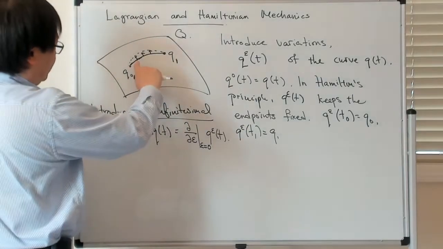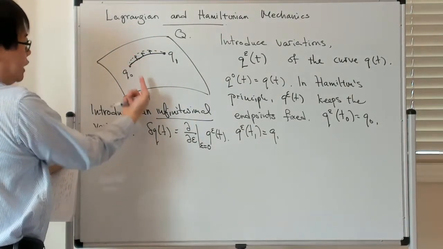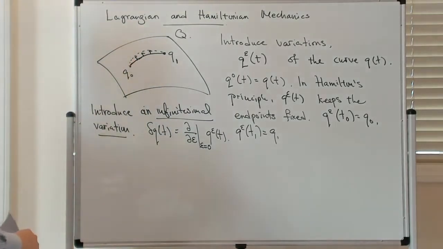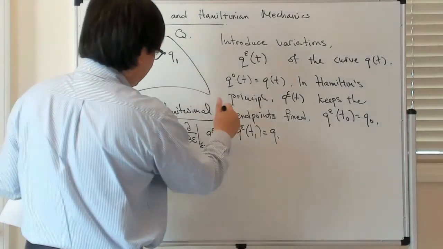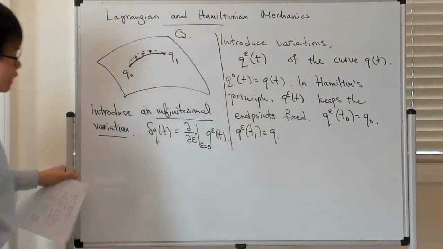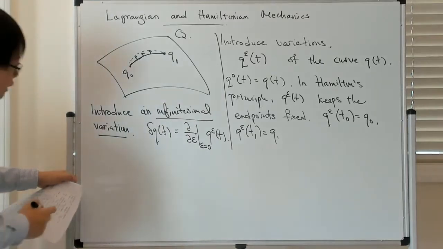Another way to think about it is that you keep t fixed, you let epsilon vary, and then you compute the derivative with respect to epsilon, which is exactly what you have here. So if you have an infinitesimal variation, then the fixed endpoint conditions mean that the infinitesimal variation at the endpoints vanishes.